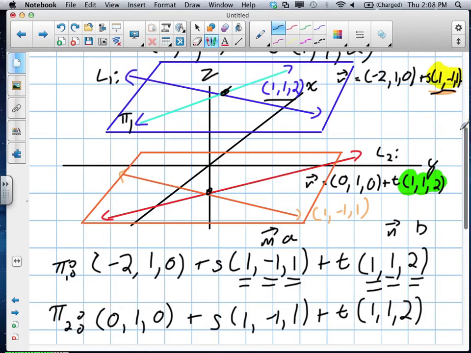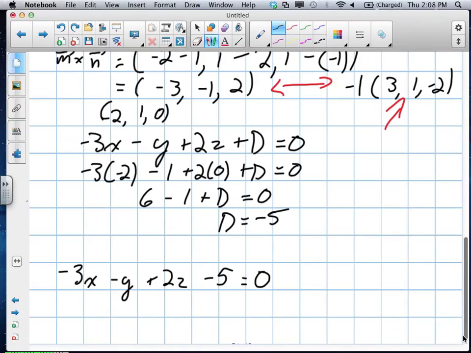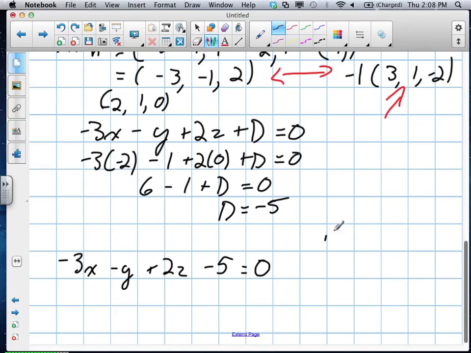So we scroll back up. The other point is 0, 1, 0. Okay? So that is going to be our point that is x naught, y naught, z naught. 0, 1, 0. Okay? We're going to be using that to plug into our distance formula.